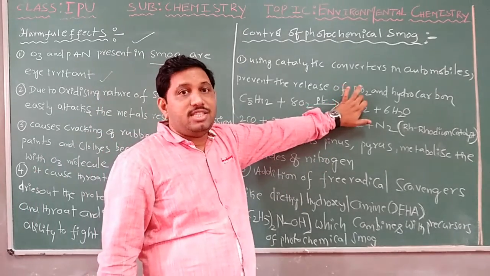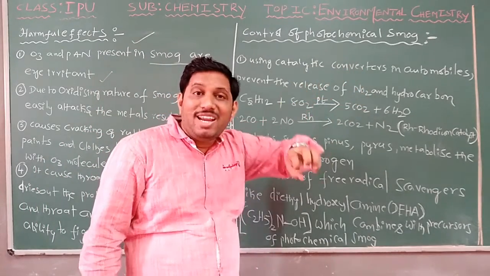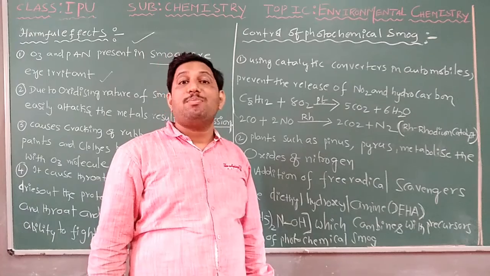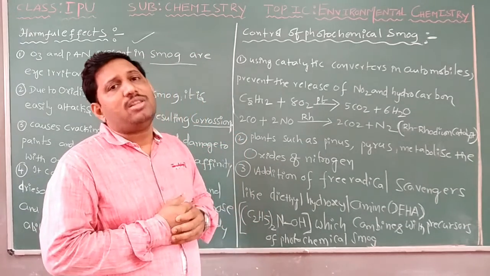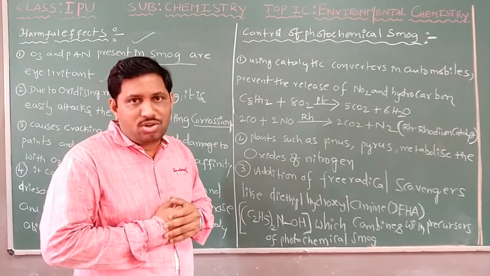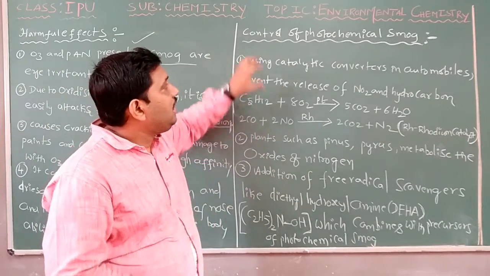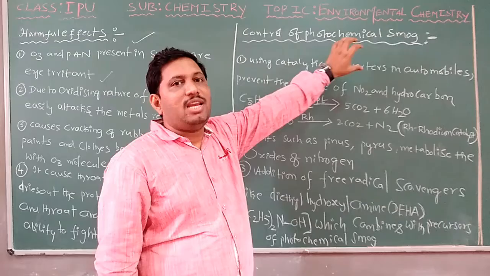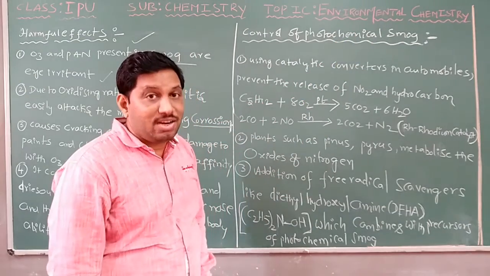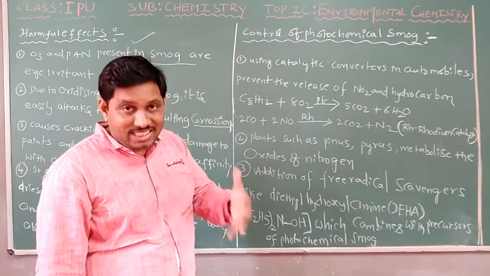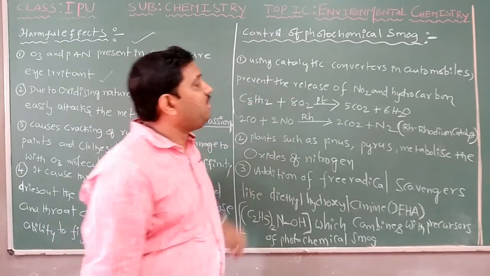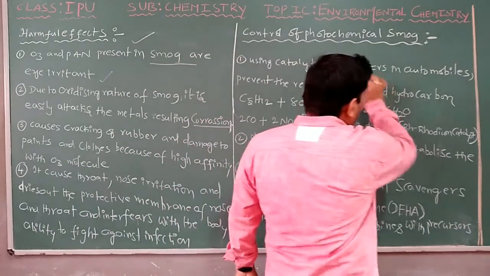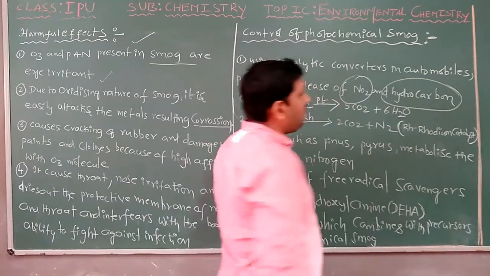Nitrogen dioxide is released. This nitrogen dioxide is one of the precursors of the photochemical smog. If nitrogen dioxide is not present, the formation of photochemical smog does not take place. Therefore, using catalytic converters in automobiles, like platinum and rhodium, prevents the release of nitrogen dioxide and hydrocarbons.